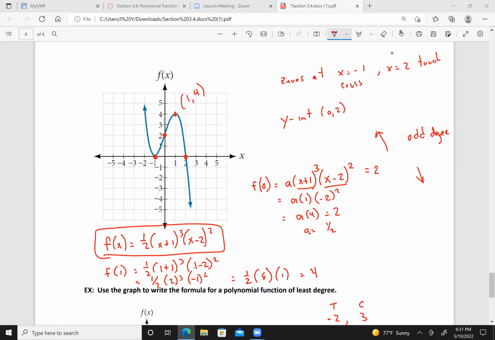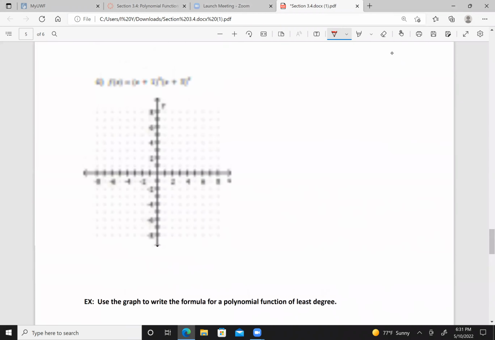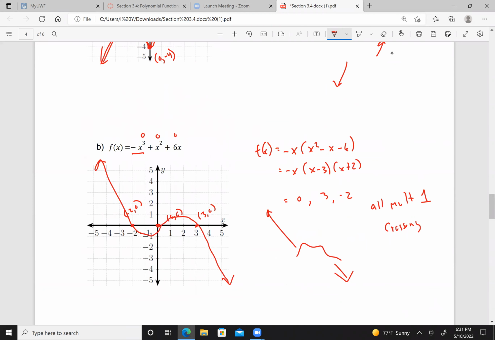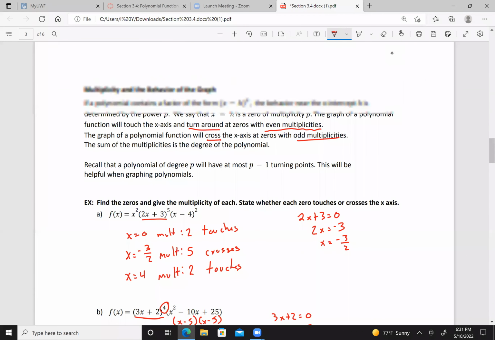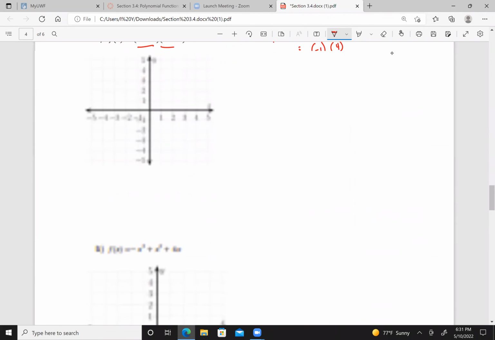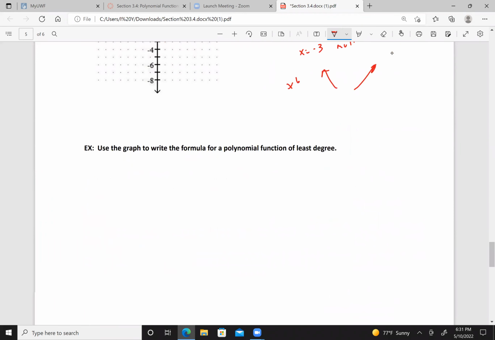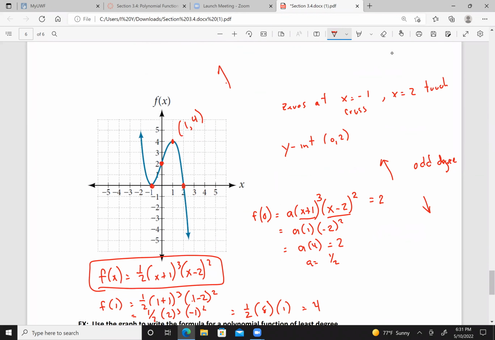Okay. We know we have an odd degree. And going back up here. Now we discussed this. We're looking for up to infinity, down to infinity, which means the leading coefficient should be negative.